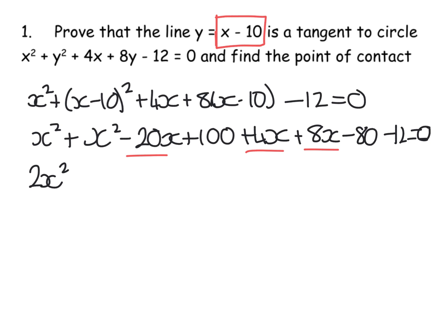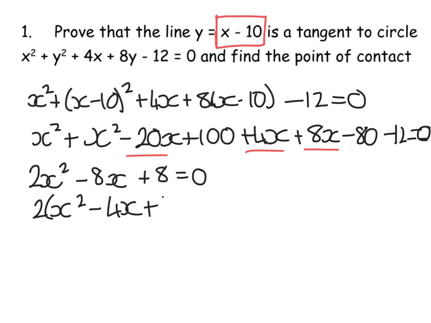So minus 20 plus 12 gives me minus 8x. And then my numbers: I've got 100, take away 80 and 12, so that's 100 take away 92. So I have got plus 8 equals 0. I spy a common factor of 2, making it much easier to factorise. So x squared minus 4x plus 4 equals 0.